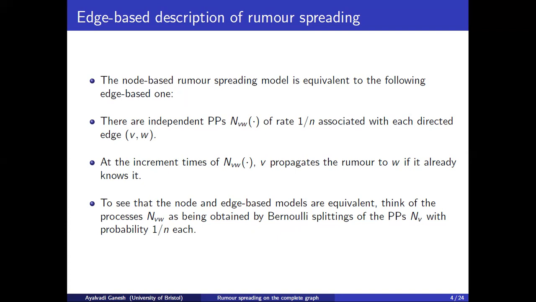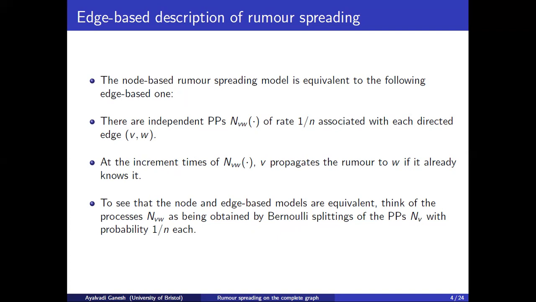So the increment between counts of the Poisson process are exponential random variables with parameter equal to the intensity or rate of the Poisson process.